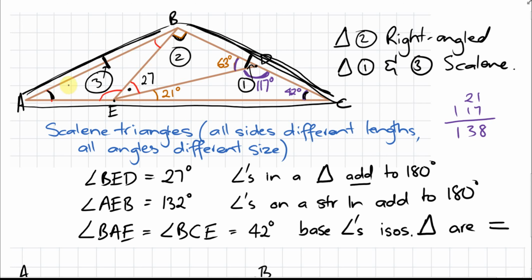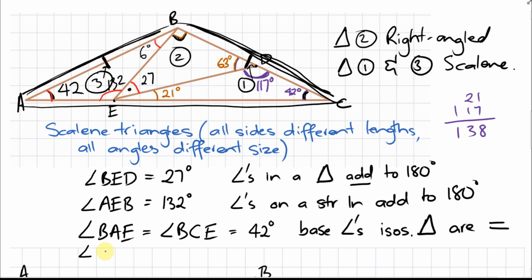So BAE is 42. We know this one here was 132. So 132 plus 42 is 174 degrees. So this must be 6 degrees. So if I just squeeze that in down the bottom, angle ABE.